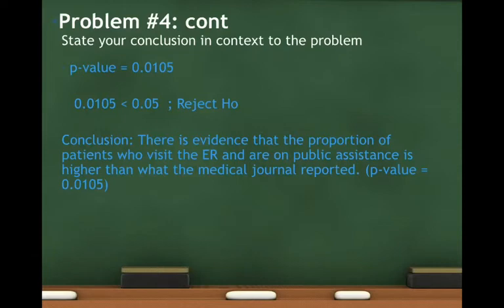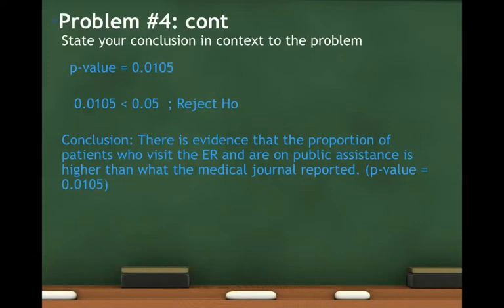Remember, anytime you reject the null hypothesis, you're proving what's in your HA, your alternative. You have some evidence to show what you're trying to prove in HA. Here we have evidence that that percent is higher than what the medical journal has reported.